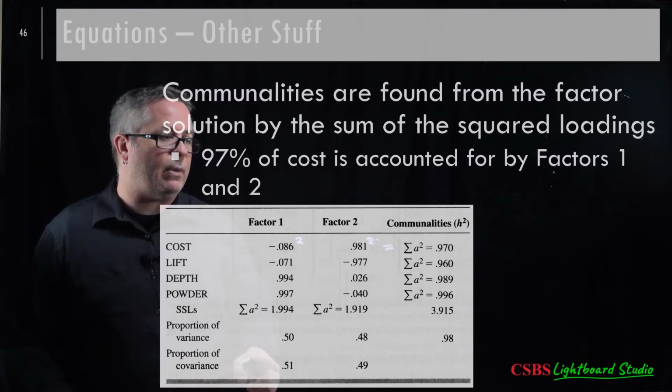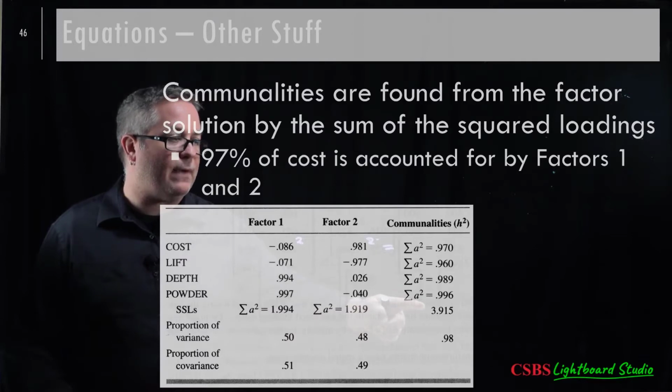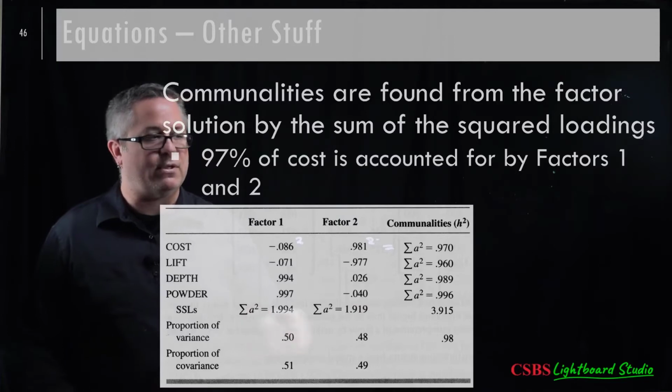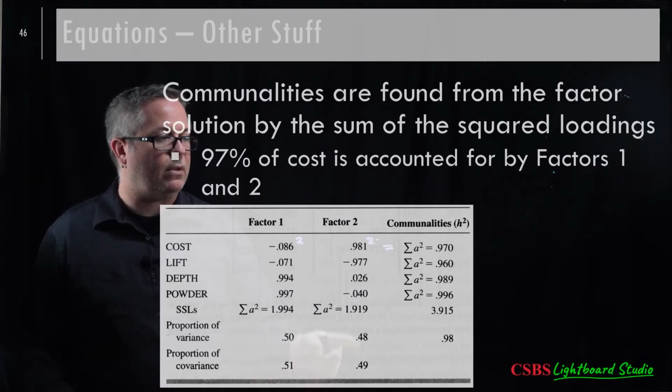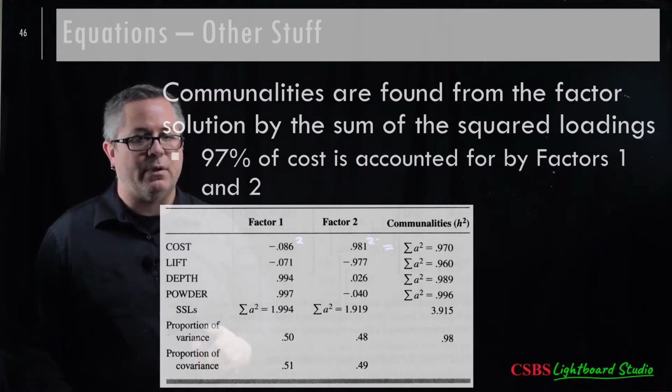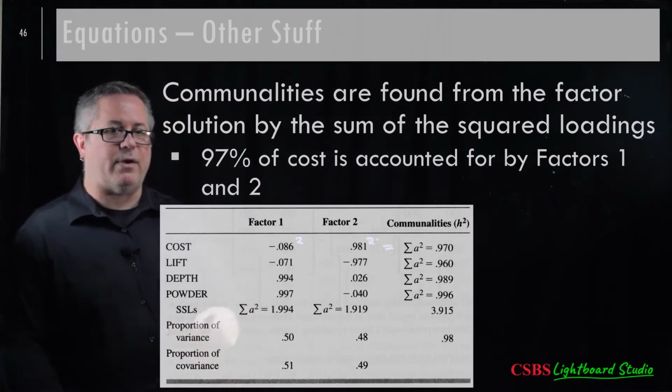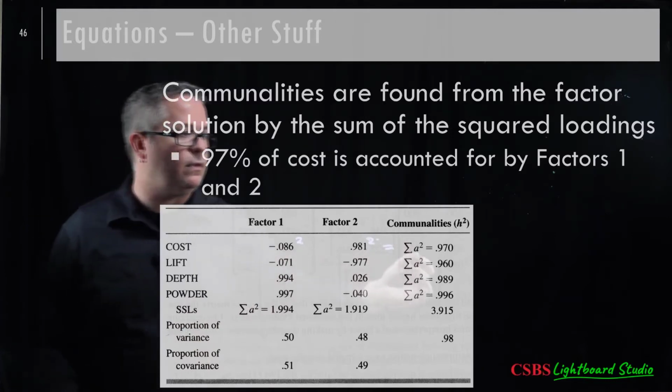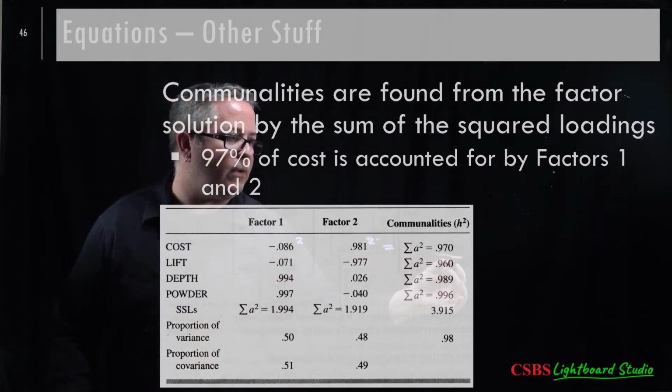It's 1.994 divided by 3.915 instead of 4, so this is looking at the 1.994 relative to the total explained variance of 3.915. That's why this is a slightly larger number than that, because these have 3.915 in the denominator while these have 4, but they're really close. Like it says here, communalities are found on the factor solution by summing across, and we get this 0.97 value.